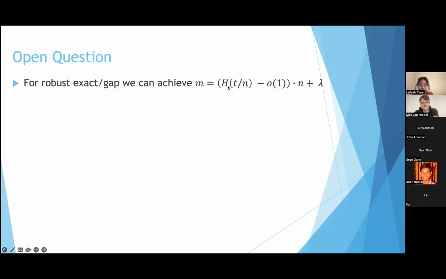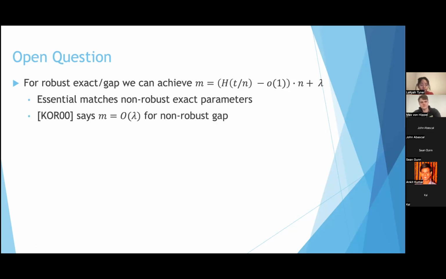So this is a lower bound for both gap and exact Hamming. Essentially, this matches the non-robust exact parameters. So we have robust gap, robust exact, and then non-robust exact, and our lower bounds say that the minimum output size that they can all achieve is this expression right here.